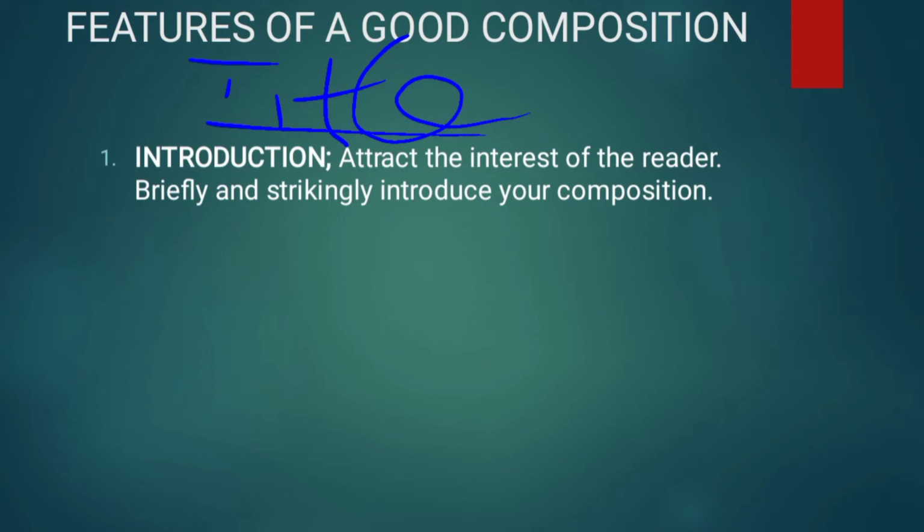You can start by defining some of the keywords. The introduction should be interesting, because this is the key of every composition. If things are messed up in the introduction, then the whole composition won't be interesting. That's how it is.